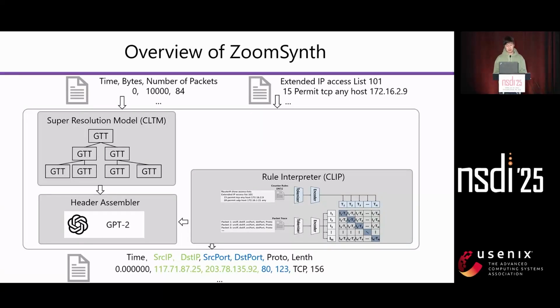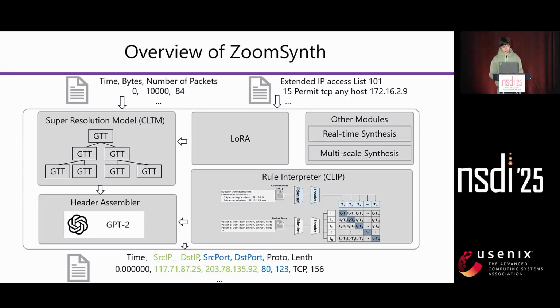In addition, when we generate packets, we want the process to be controllable. For example, we may want to synthesize packets that satisfy an ACL rule. To achieve this, we introduce a CLIP module, which takes the rules as input and guides the generation process.